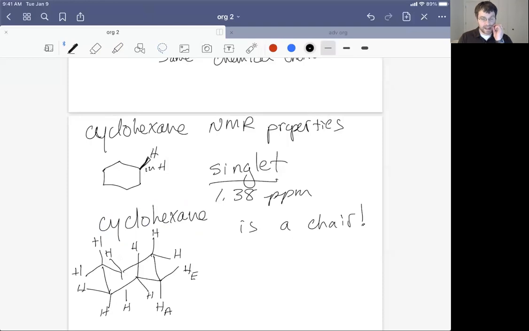So I'm going to label that A and E. Now, it turns out that it doesn't look like it, but you can actually spin this around and show that the E's are in the same chemical environment as the other E's, and the A's are in the same chemical environment as the other A's. So my point is, there's only 2 chemical environments.